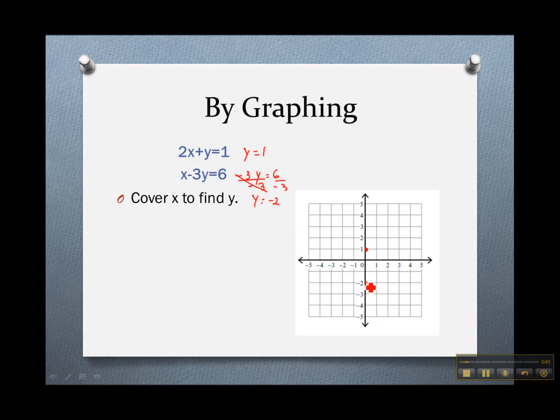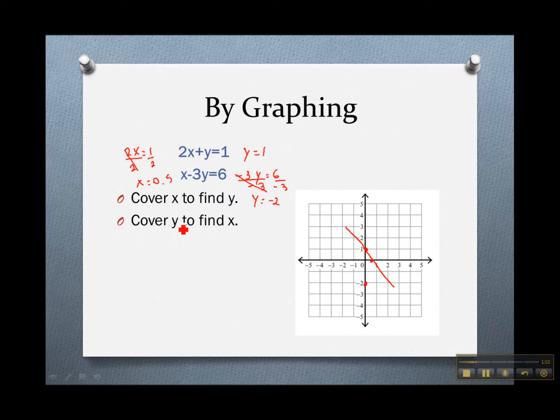Y equals -2 down here, and then you're going to cover the y to find the x. If I cover this y, I get that 2x is 1, divide both sides by 2, and you get that x is 1/2 or 0.5, and x is 0.5 down here. Now I'm going to go ahead and connect these 2 points, where x equals 0.5 and y equals 1.